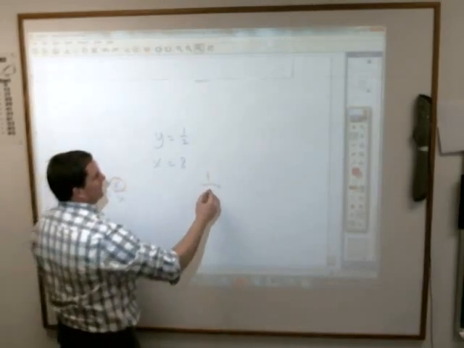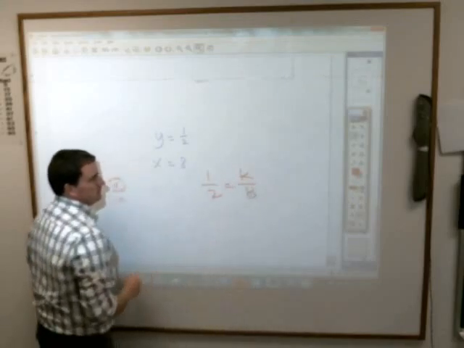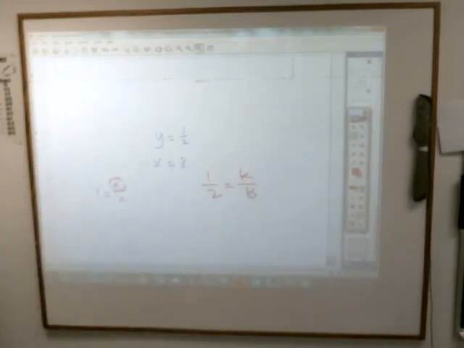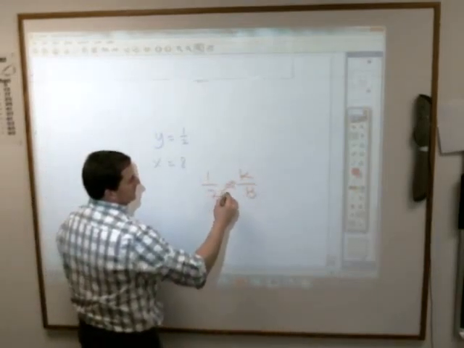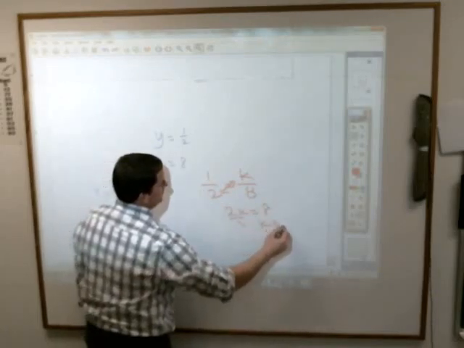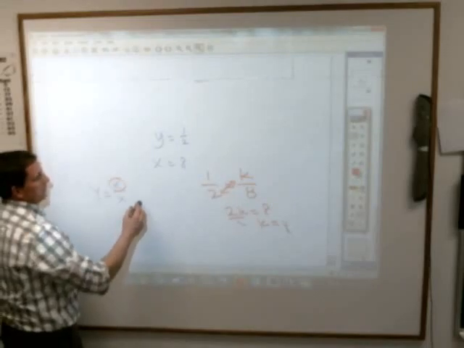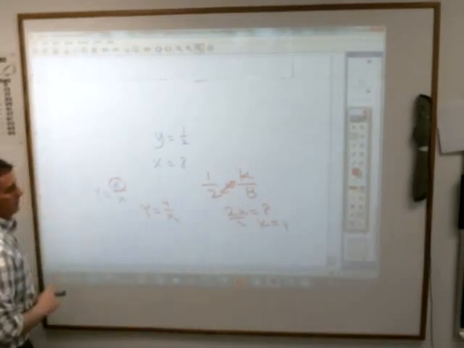So 1/2 equals k over 8. What do I get if I solve that? Anybody? Lucas? 4 because, well, 2 times k is 2k, 8 times 1 is 8, divide by 2. K equals 4, so your equation is y equals 4 over x.